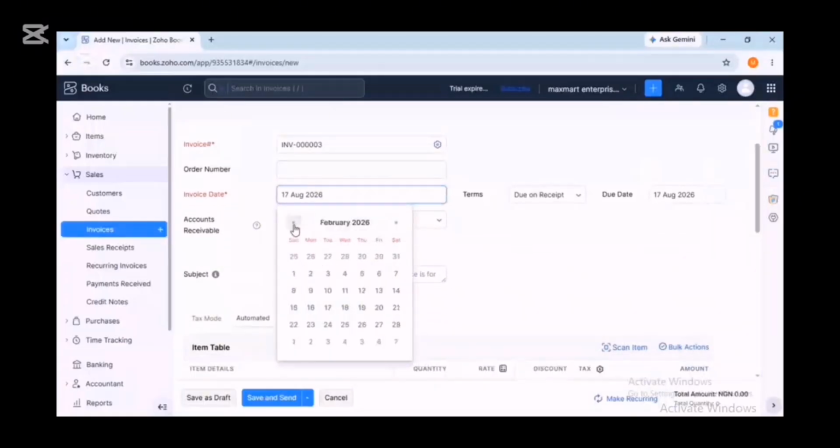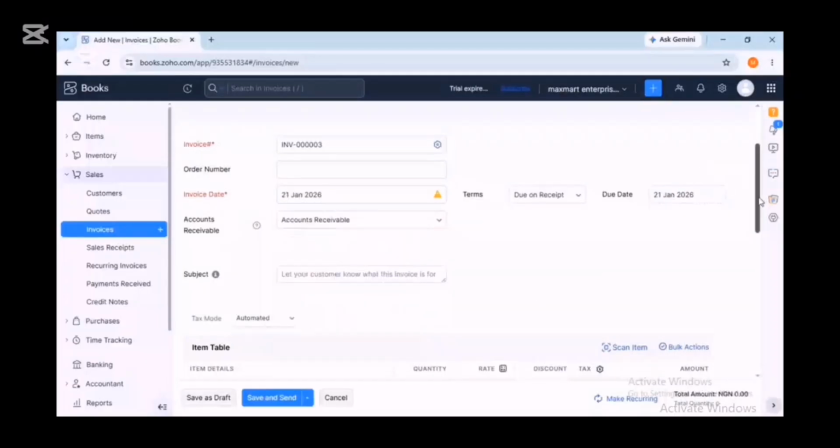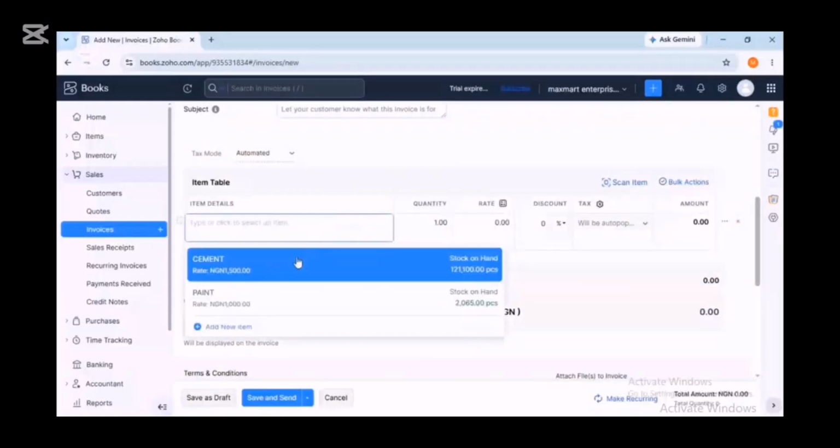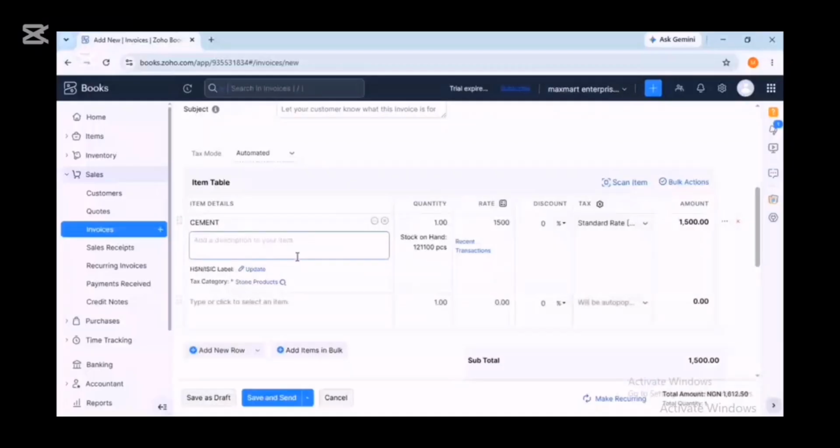First of all, let's backdate. Okay, let's set it at 21st of January. Let's select the item he bought. He purchased cement from us, from the business. So let's input the quantity he bought. He bought 386.